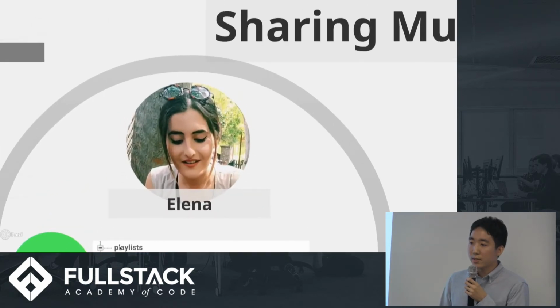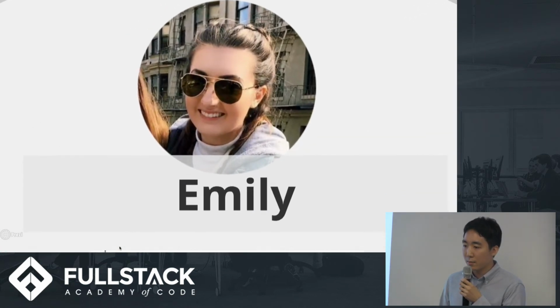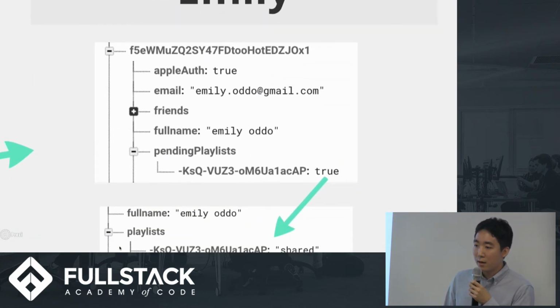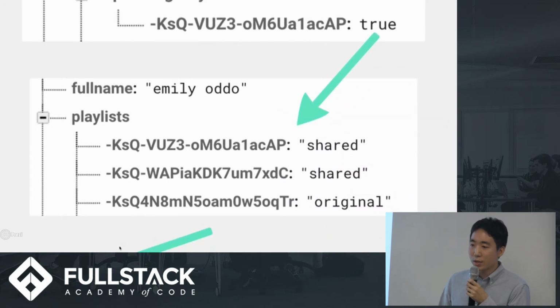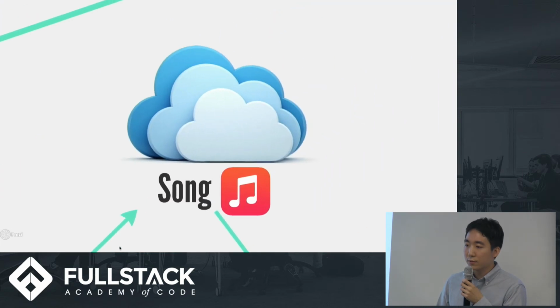Once shared, the playlist ID gets put into Emily's pending playlist table in Firebase database, and then after Emily accepts the pending playlist request, we transfer that playlist ID into the accepted playlist table, and then we query our Firebase data for that playlist, sending each of the songs to Cloud Functions, which searches our table of songs for that Apple Music equivalent.